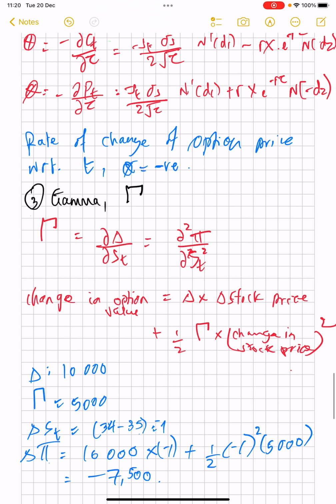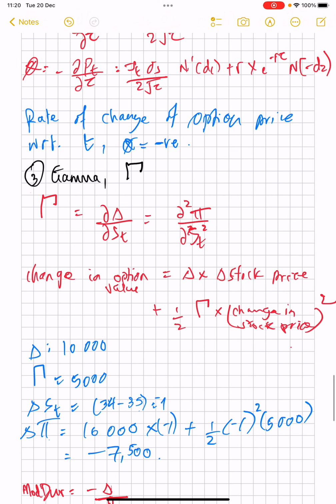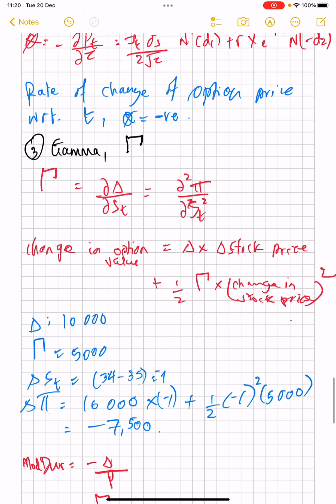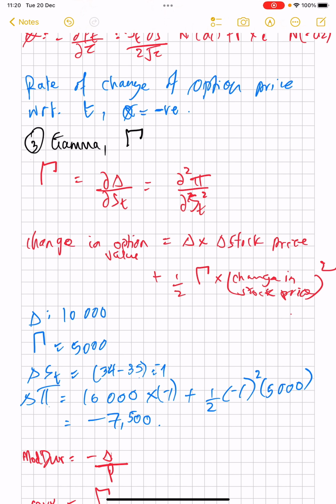So theta is negative. And then there is the Greek letter gamma, which is the second partial derivative, where you have a change in option value, which is listed as such.